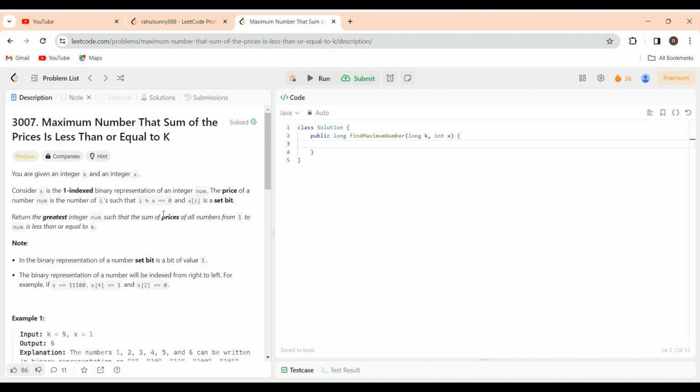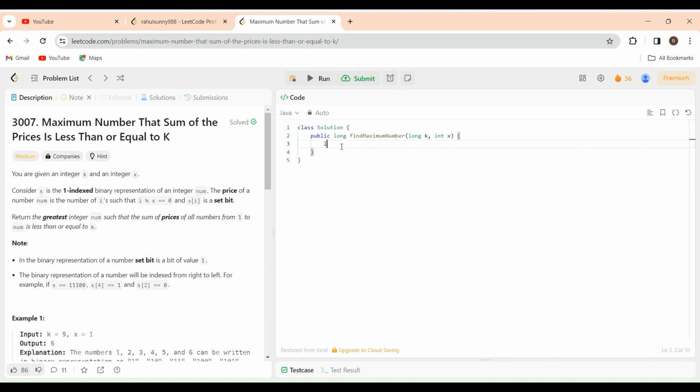So what we can do is we will do binary search here. We will consider a number, and if that price is less than or equal to the k value, we can consider that number. For doing binary search we need a lower boundary and an upper boundary.